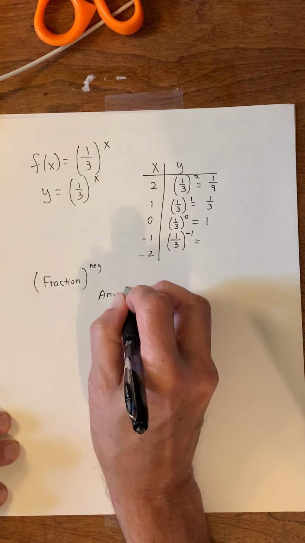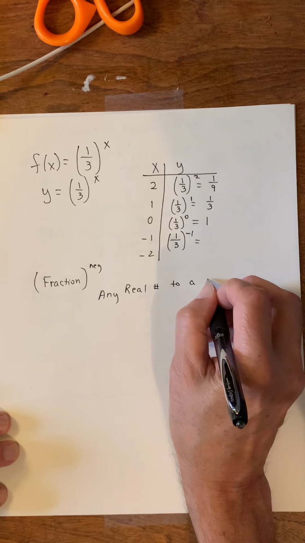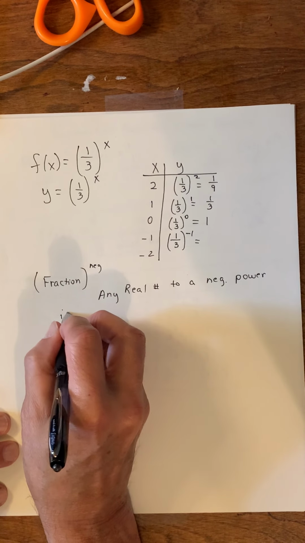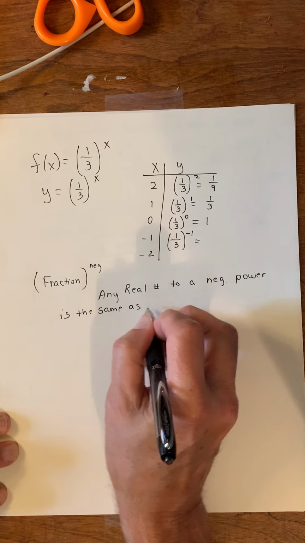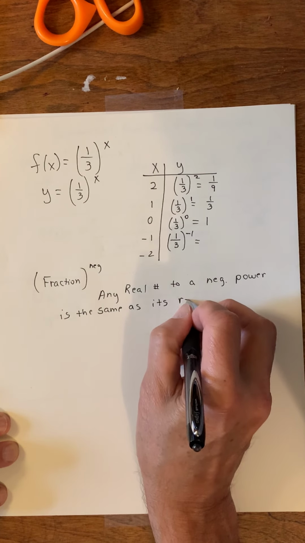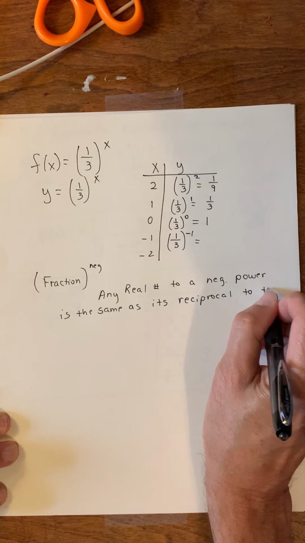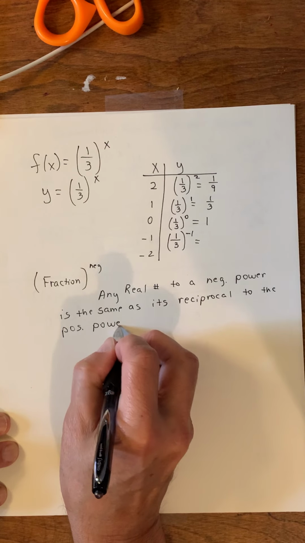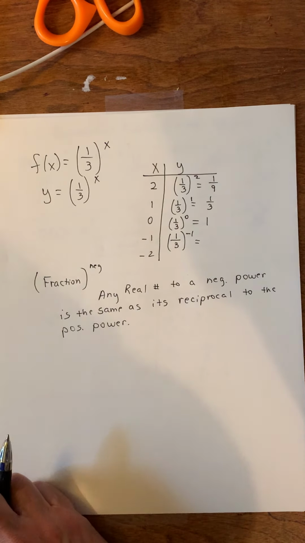Any real number to a negative power is the same as its reciprocal to the positive power. And I know how to deal with positive powers. Now, I'm hoping you're writing that down, and I'm hoping you're going to be careful as we interpret this.